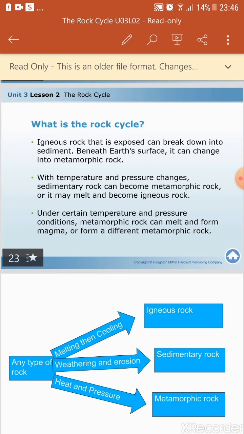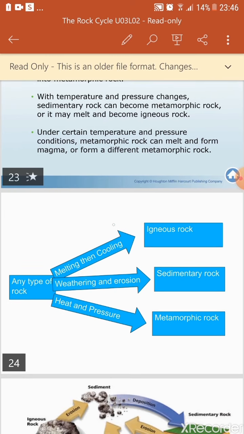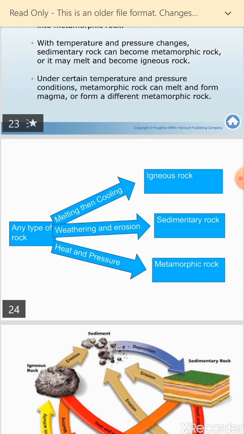How? Before going through the details in the next period, just memorize for me this: any type of rock, you can put here any of them. You can put igneous, metamorphic, or sedimentary. After melting, then cooling, it will be igneous.